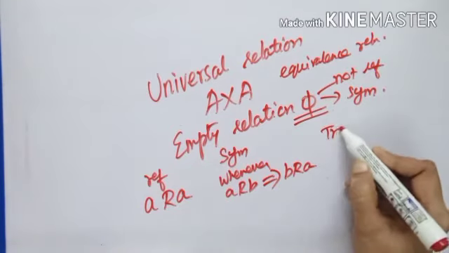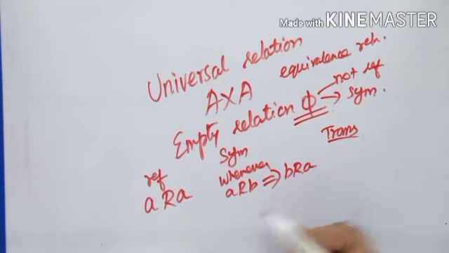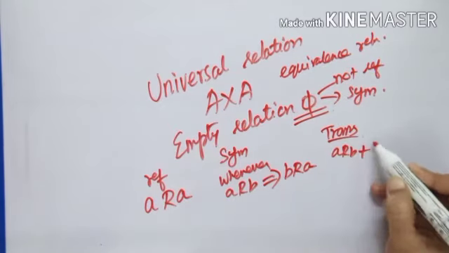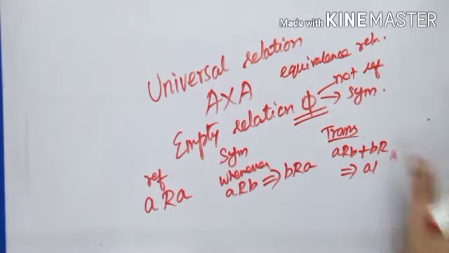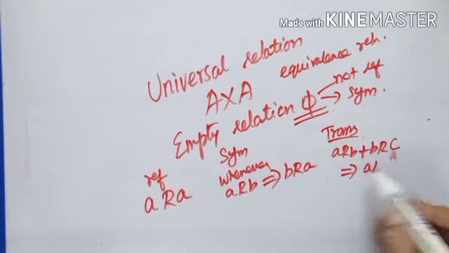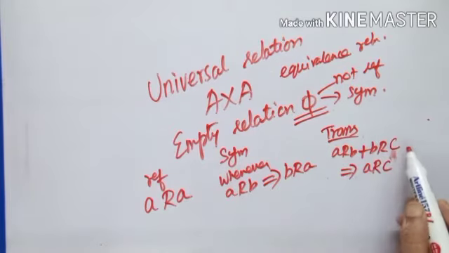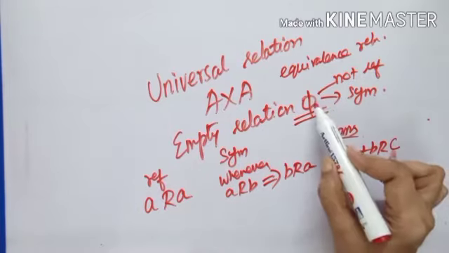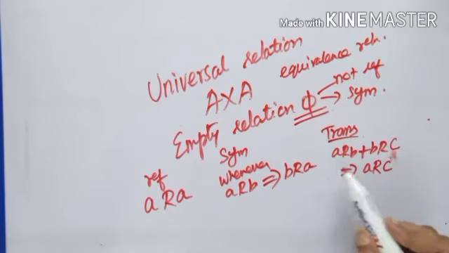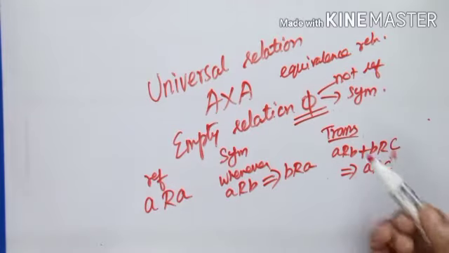The same idea with transitive. Whenever A related to B and B related to C, I want to show A related to C. But in the empty relation, there is no A related to B or B related to C. I need not show A related to C then.